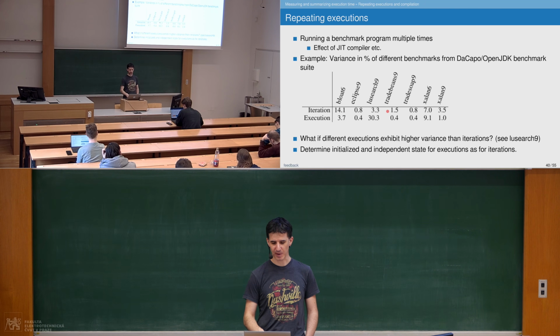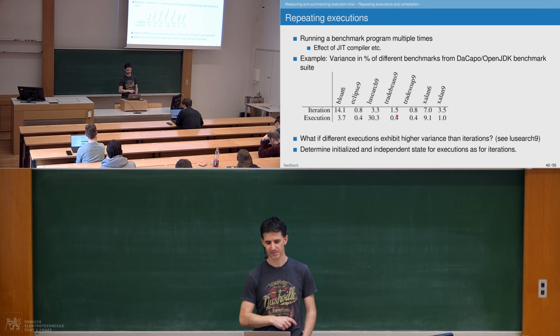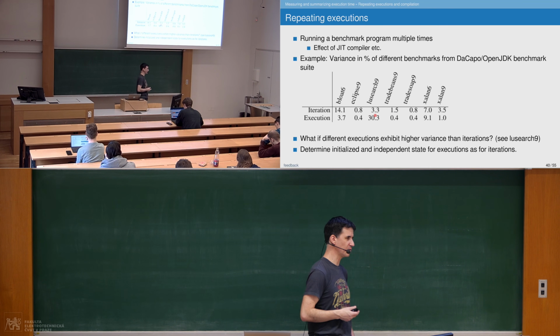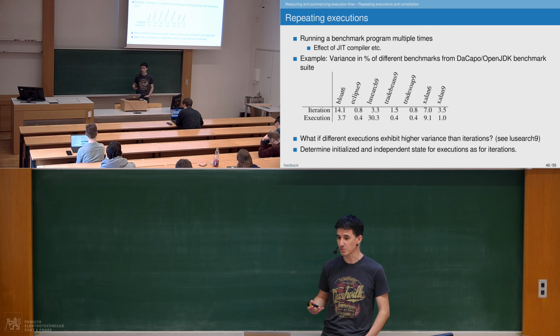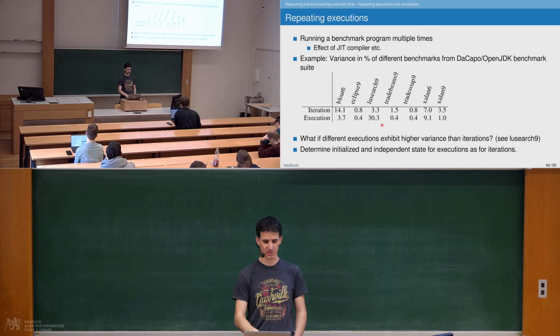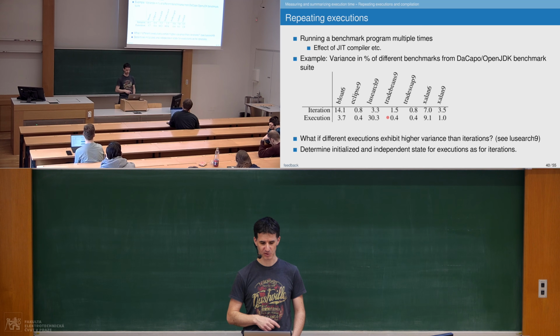All the other benchmarks behave reasonably, like those variations are approximately of the same size as the variations in iterations, but this is an exception. And if you want to benchmark things seriously, you should be sure that your application is not such an exception like this one.